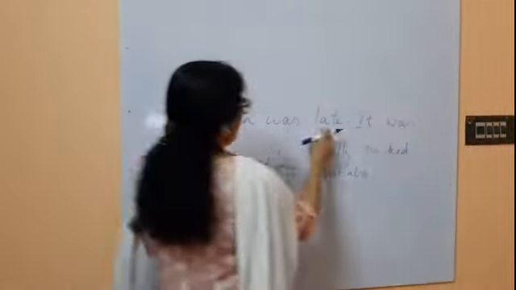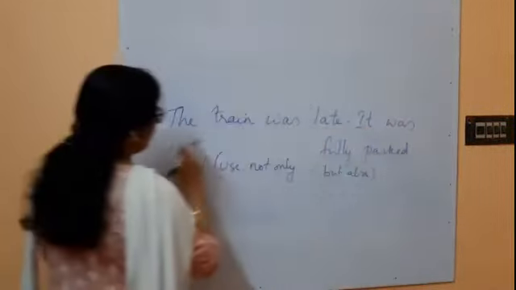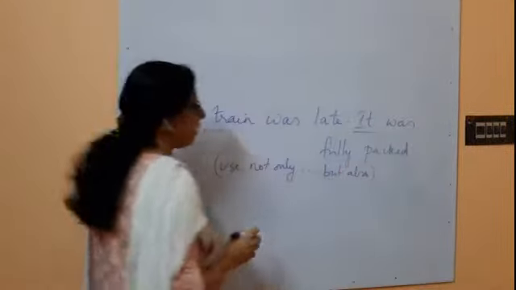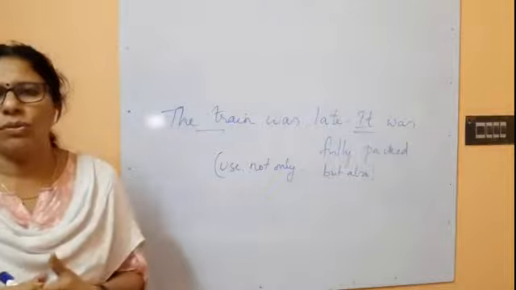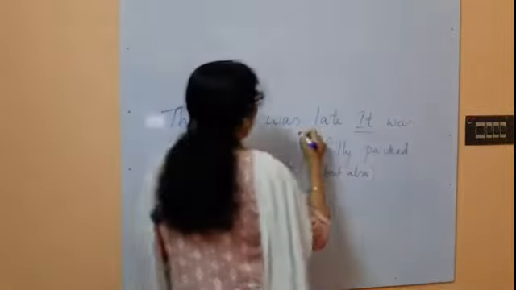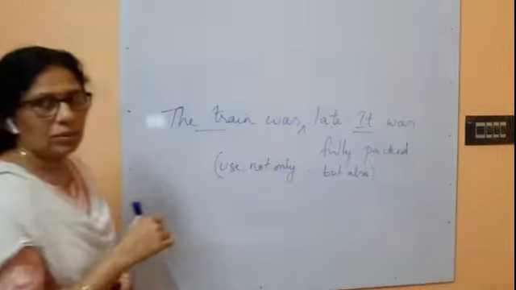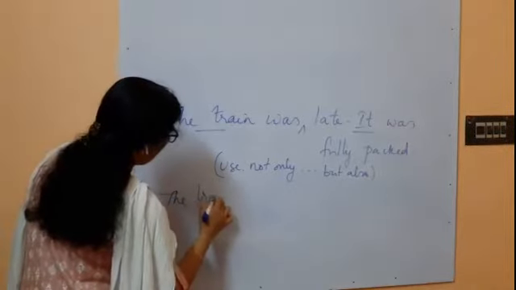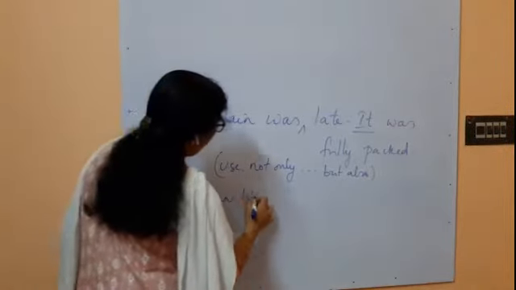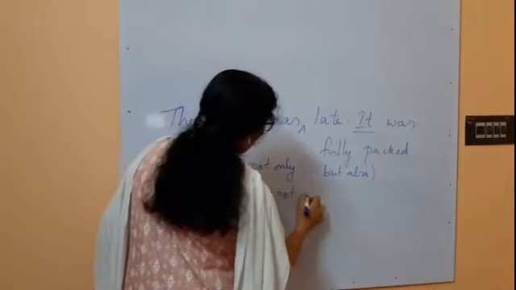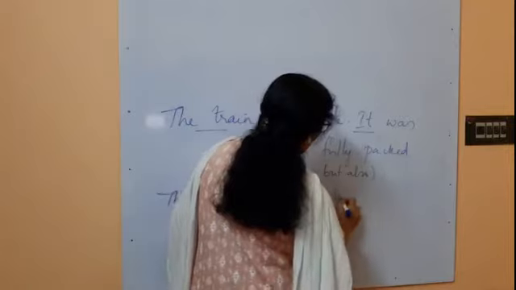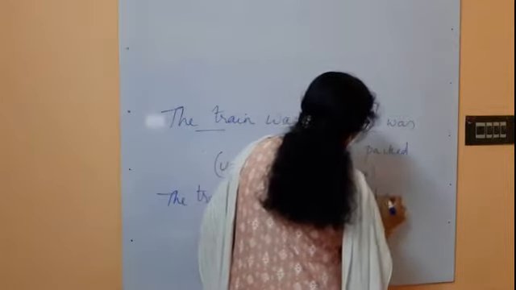So, the train was late. It was fully packed. Normally we know that both the subjects are same. If both the subjects are same, what is the rule involved? After the verb we have to place it. So how will you use it? The train was not only late, but also fully packed.